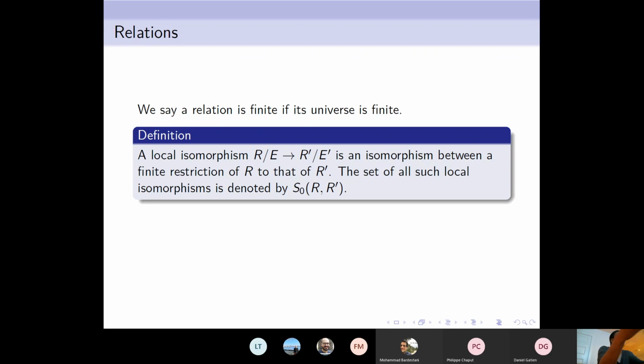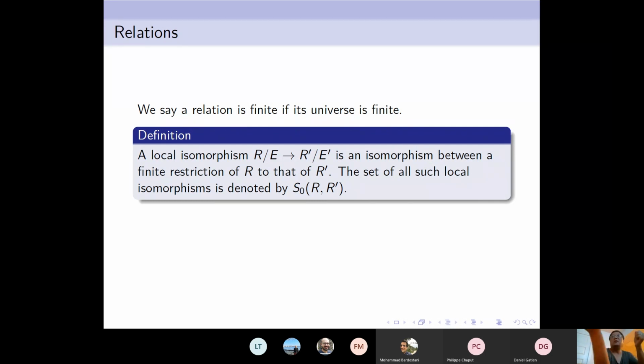Like in schemes, if we can group all the local isomorphisms, we are going to build up a global isomorphism in some sense. So this is reminiscent of the local-global principle.